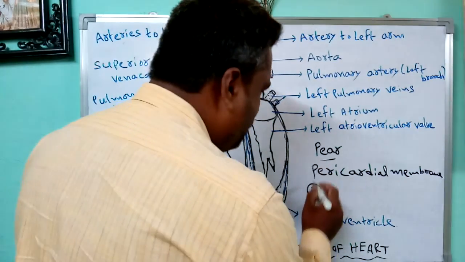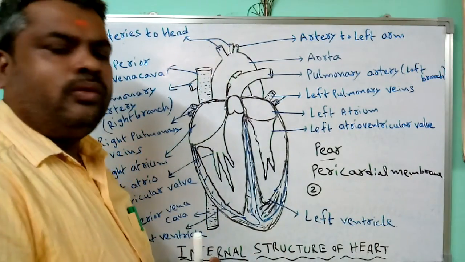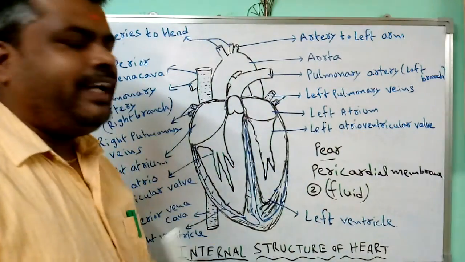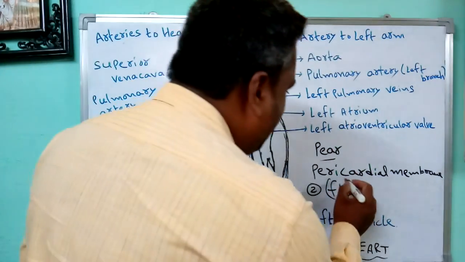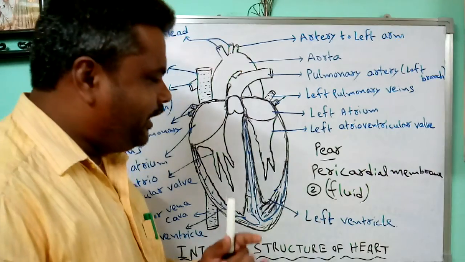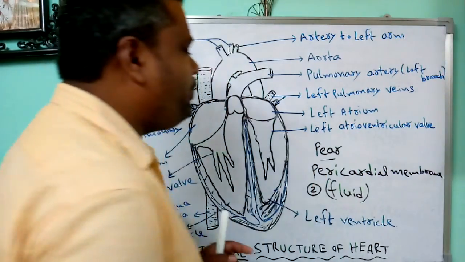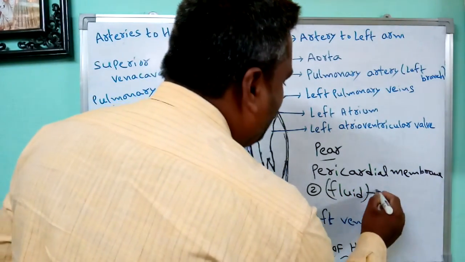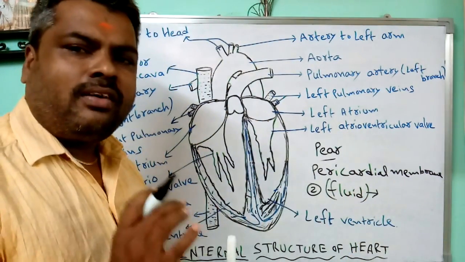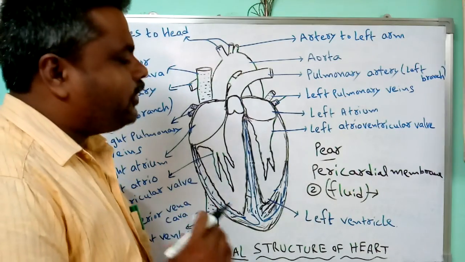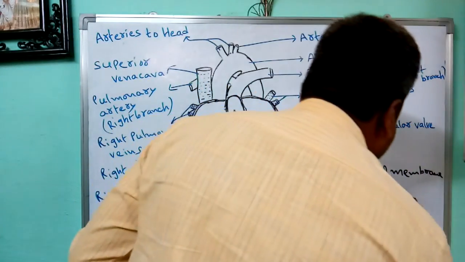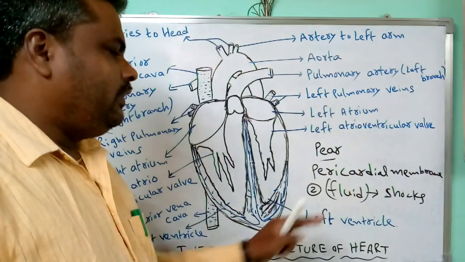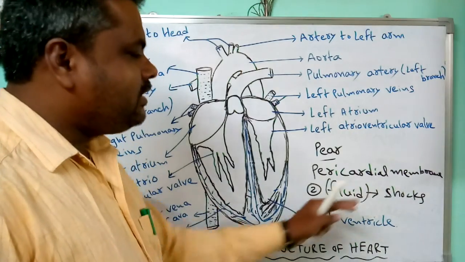In between these two membranes, fluid is also present. This fluid is commonly called pericardial fluid. The pericardial fluid protects the heart from shocks.